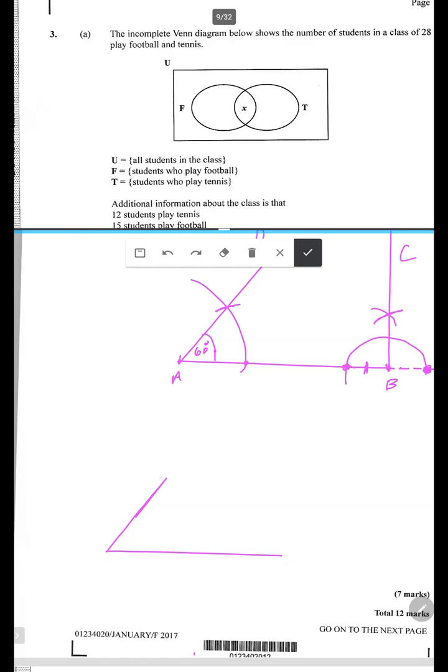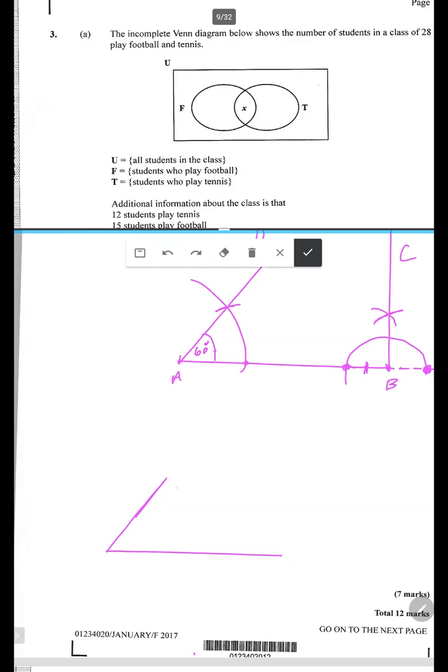And you're transferring this length. Let me go again. You're transferring this length up to this point. And you're transferring this length over to this point. That's where you construct the parallel line.